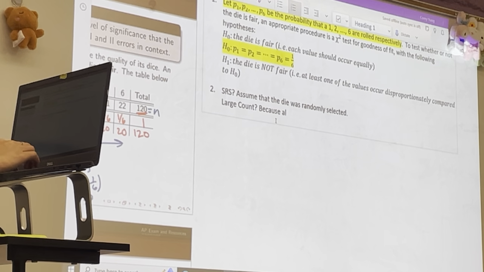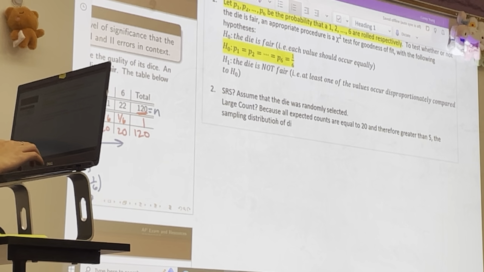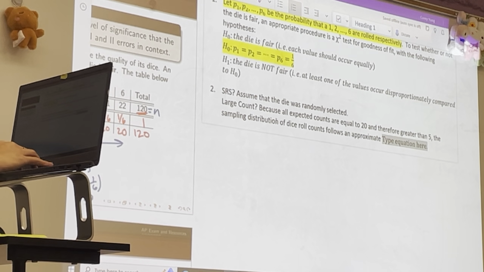Because all expected counts are equal to 20 and therefore greater than 5, the sampling distribution of dice roll counts follows an approximate normal distribution, or sorry, chi-square distribution, not normal, with 5 degrees of freedom. So that's the large counts.